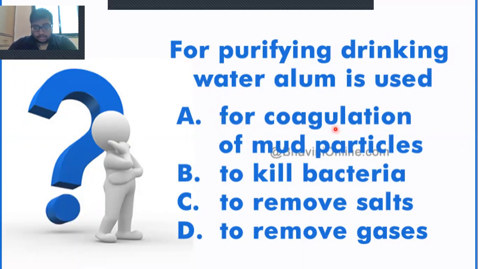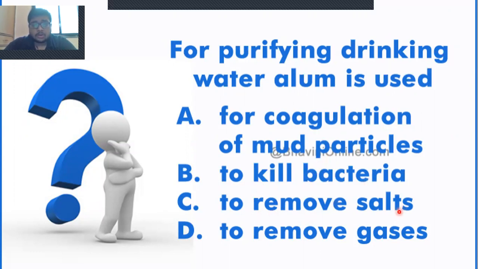For coagulation of mud particles. Do you know the meaning of coagulation of mud particles? See, the alum crystals get dissolved in the water, they form a coagulation, a mass of mud particles, which settles all the mud particles at the base. Okay, that's the use of alum. Another use of alum is to kill the bacteria inside the water.